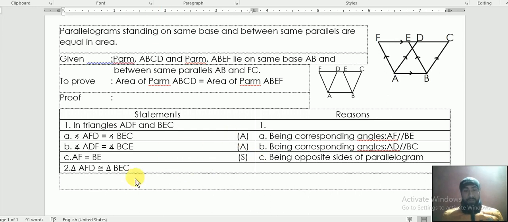Now we can say these two triangles are congruent to each other. The reason is, from the AAS axiom of congruency.